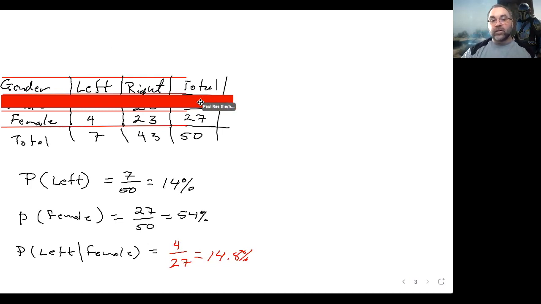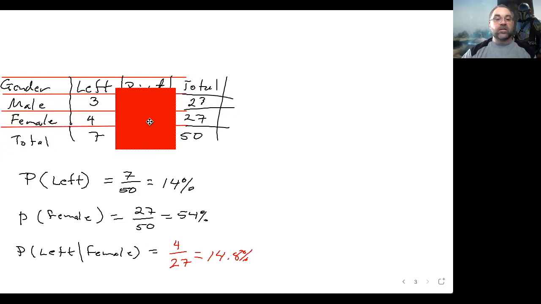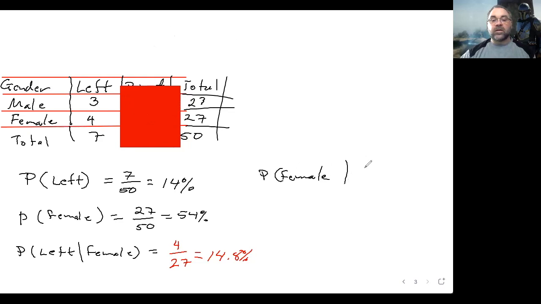Now, I want you to notice something that is different than the other possibility, which is female given left-handed. Check this out. What is the probability of female given they're left-handed?